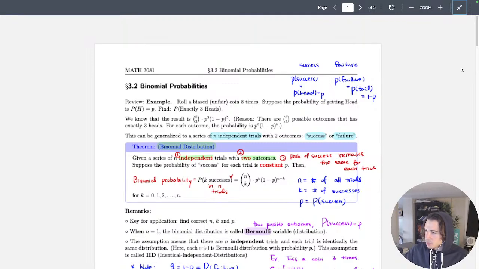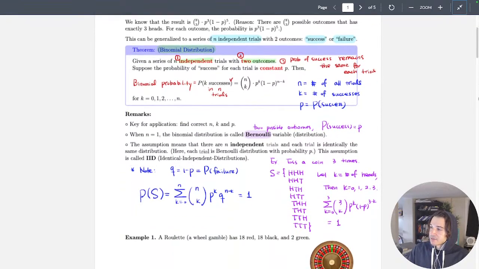Then the binomial probability, the probability of k successes in n trials, equals n choose k times p to the k times 1 minus p to the n minus k, where n equals the number of all trials, k equals the number of all successes, and p is the probability of success.